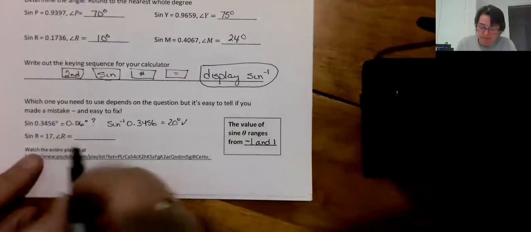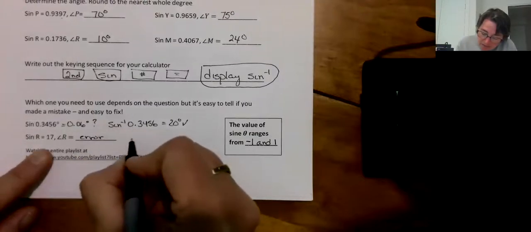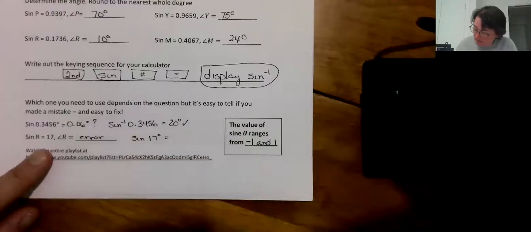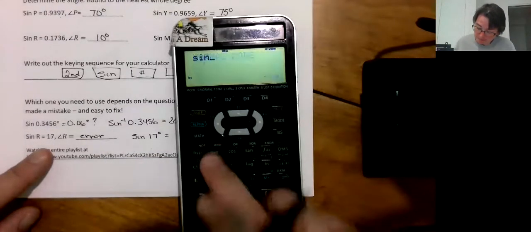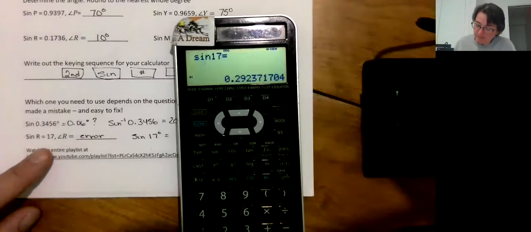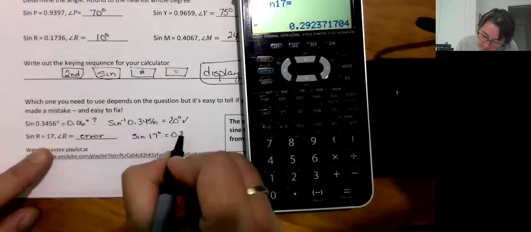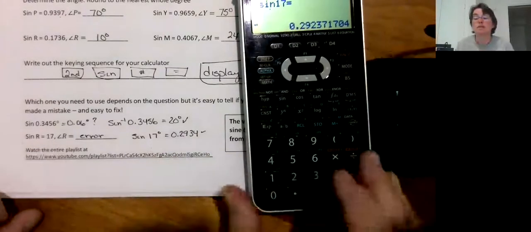So this one gives you an error. But if you go just plain old sine 17 degrees, there's not going to be an error. 0.2934. That is a much more reasonable one.